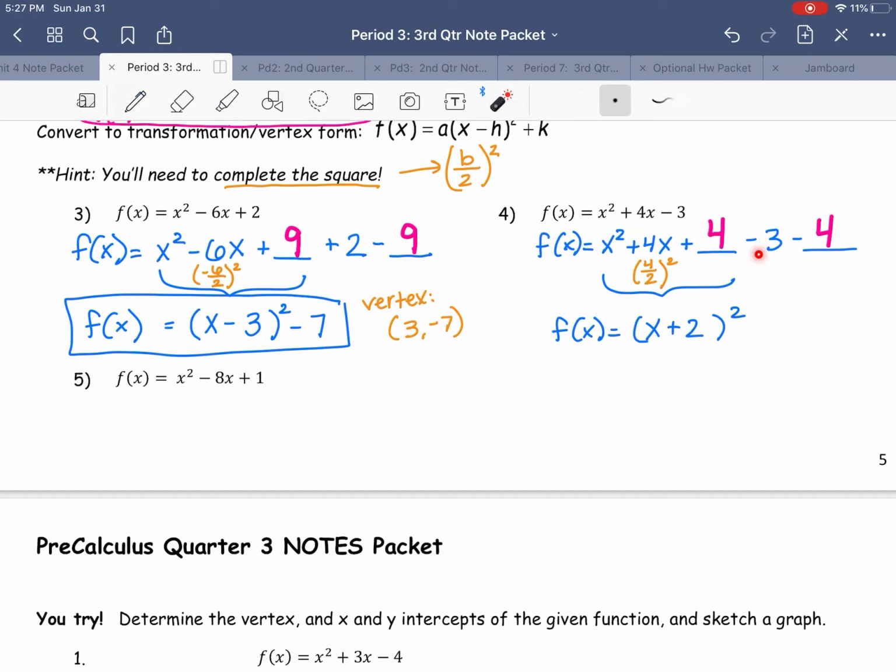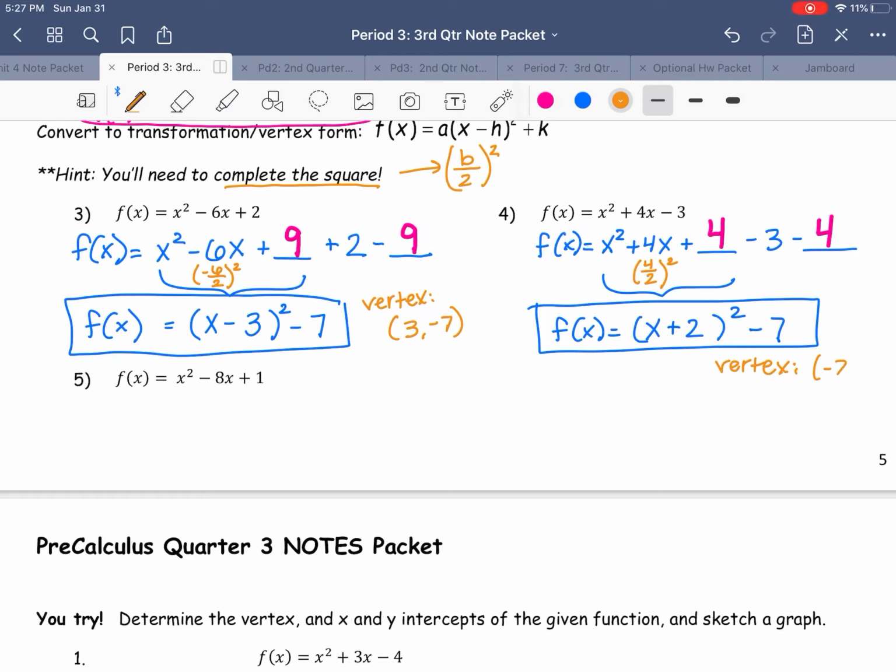Don't forget these ones on the end. Negative 3 minus 4 is negative 7. And that's in vertex form. If we looked at that and I said, what's the vertex of this problem? Hopefully you can look and see it's h, k. So it is negative 2, negative 7.